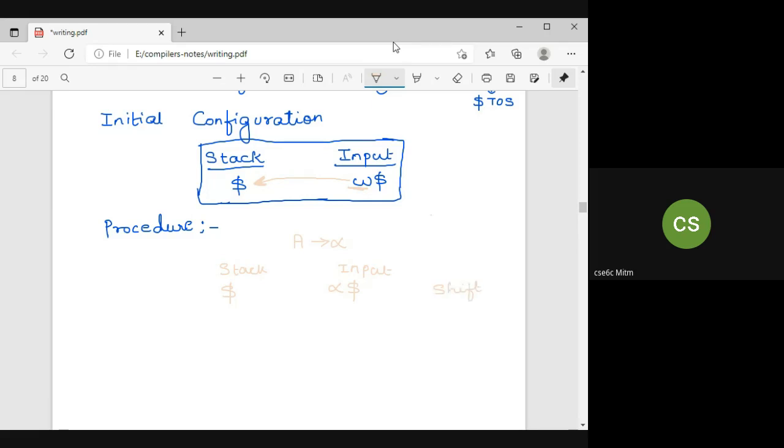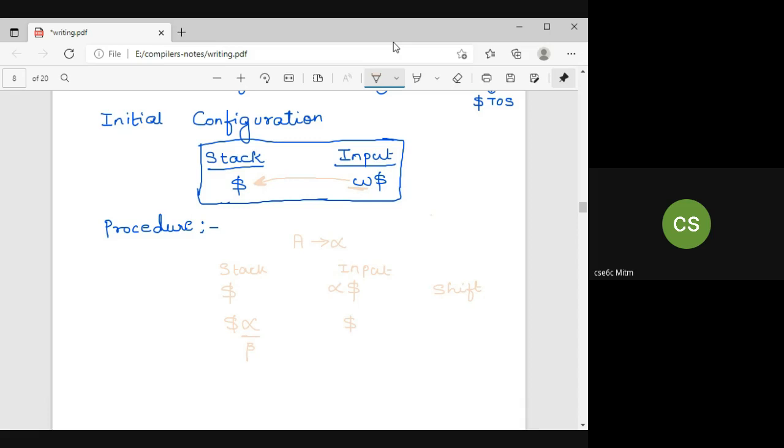Once you do the shift operation, the input symbols go to the stack. And always remember, the top of the stack is towards the right side of your dollar. What remains here is a dollar, and next, this becomes your beta, that is, a string which is there inside the stack.